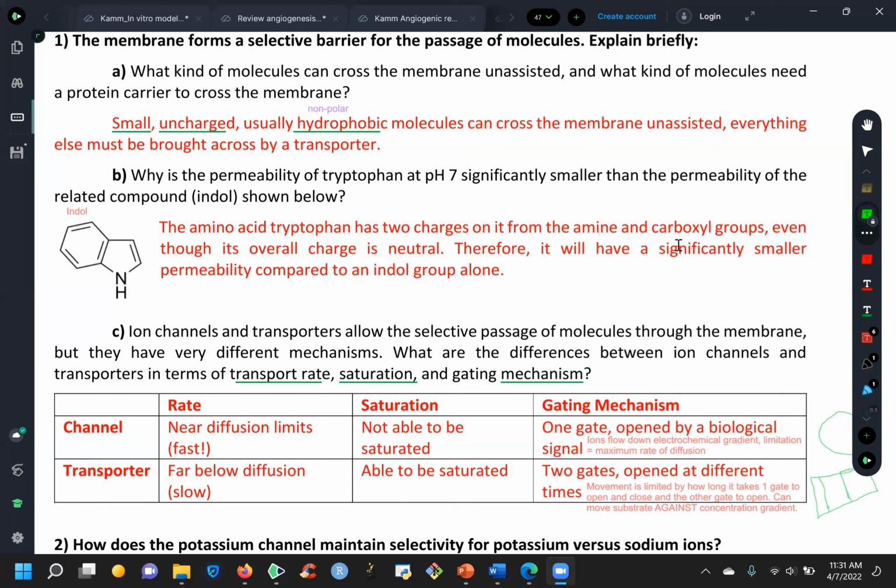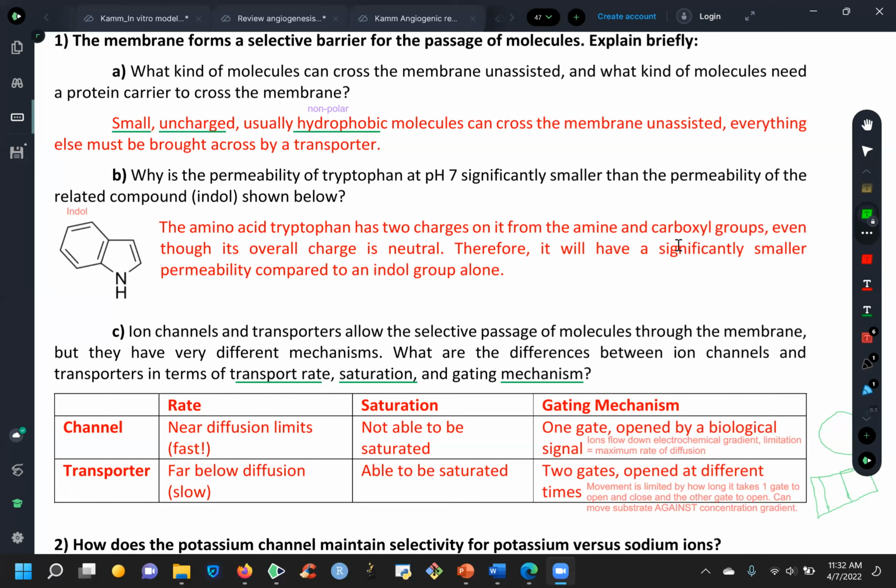Because its pKa value was like 2.34 or something. And then the amino group, the NH3 plus, hasn't donated its proton because its pKa value was like 9 point something, and we're only at 7. So it has a positive charge. So this amino acid tryptophan has 2 charges.